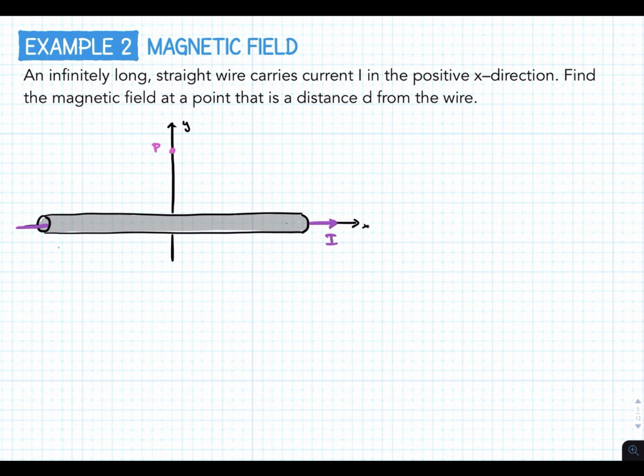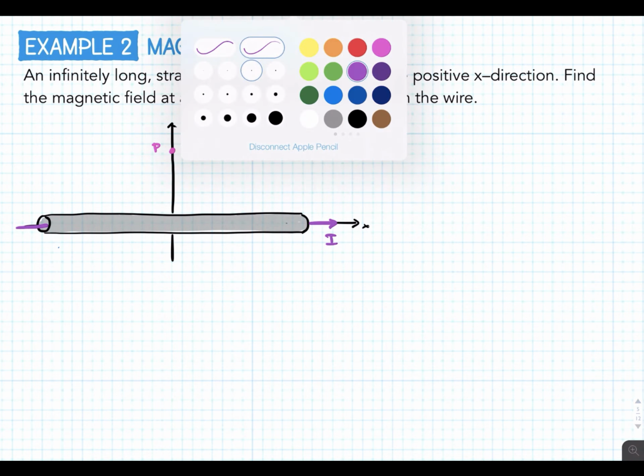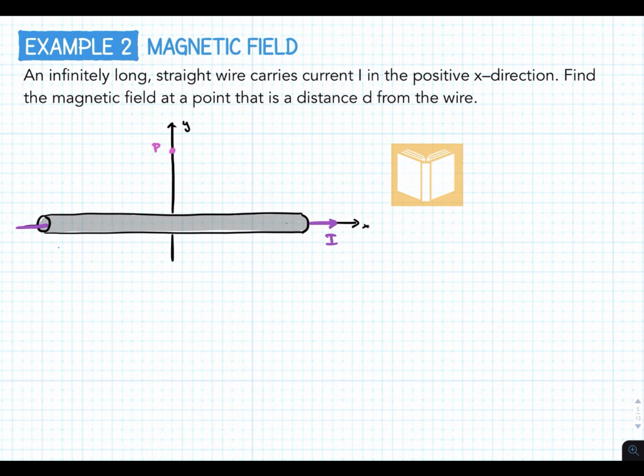So before we even get started, we want to figure out what our magnetic field is, and we know that magnetic field comes from Biot-Savart Law. And the Biot-Savart Law says B is equal to mu naught over 4 pi. In this case, this would be I L cross r hat over r squared.